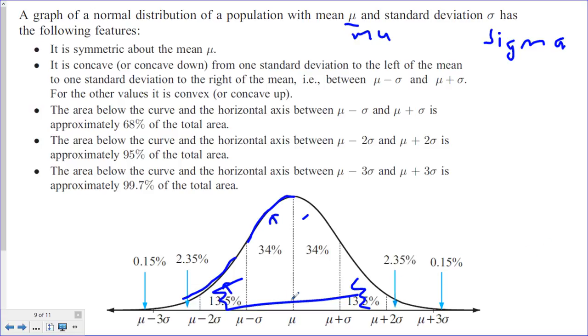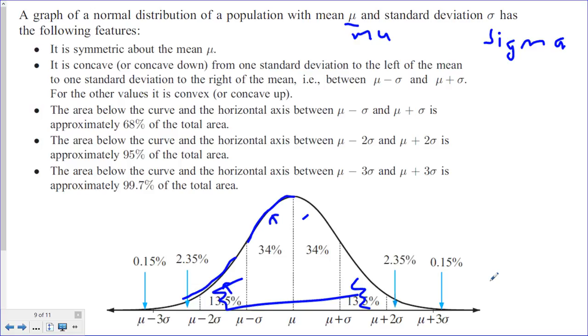If we look at that, 13.5 plus 34 plus 34 plus 13.5, so it's 68 plus 27, which gives us about 95. So that's 95% of the data.